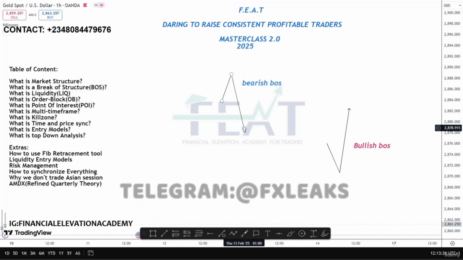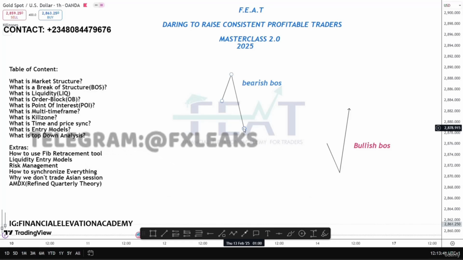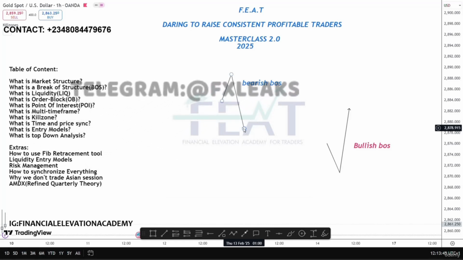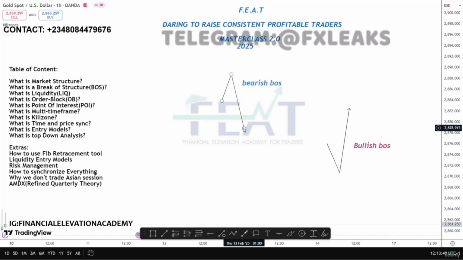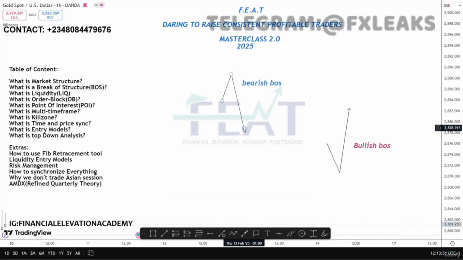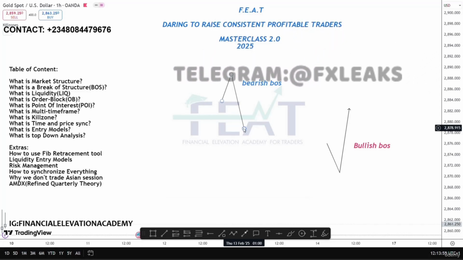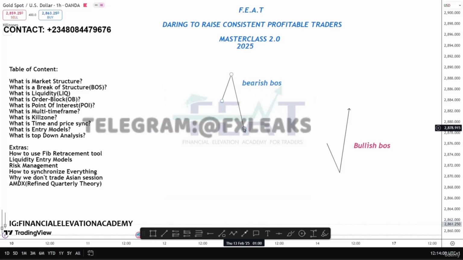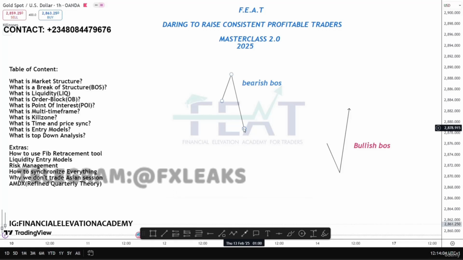that explains the breakout structure, and moving on, we will be talking about liquidity. Yes, okay, I think for me to give you guys a clearer view, we would first consider what an order block is, or the way I see order blocks, and from order blocks we will now talk about liquidity.